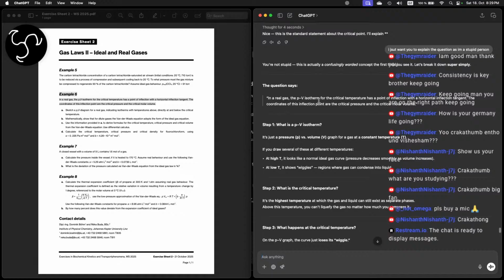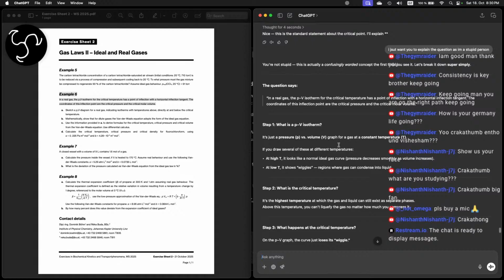In the real gas, the PV isotherm for critical temperature has a point of inflection with a horizontal tangent. What? What is a PV isotherm? Okay, so pressure volume graph.